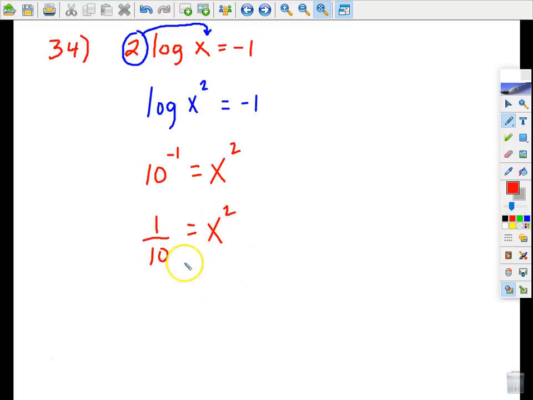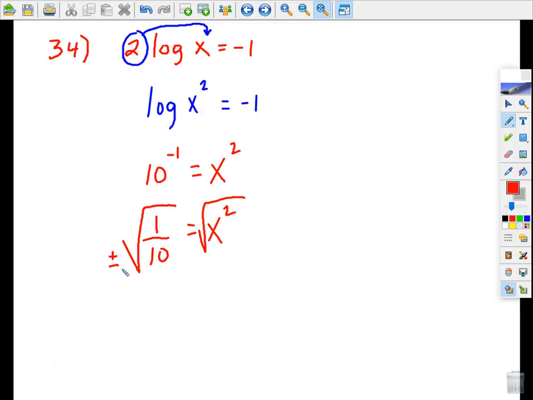All right, and now to get our answer, we need to do the square root of both sides. And since this is an even root, we've talked about this before, I need to include plus minus. So let's grab your calculator and we'll find out what the square root of 1/10 is.